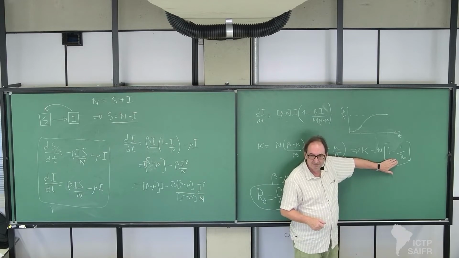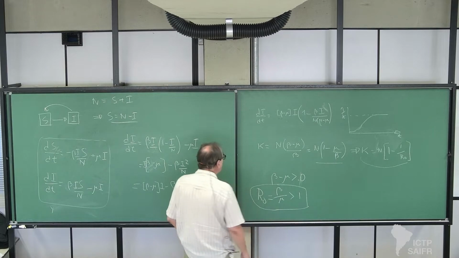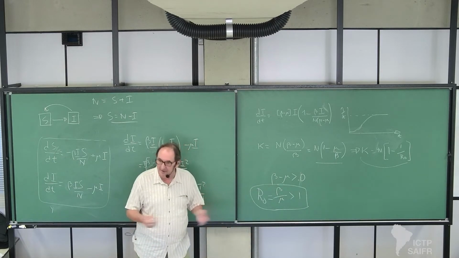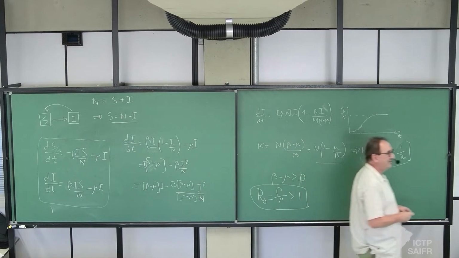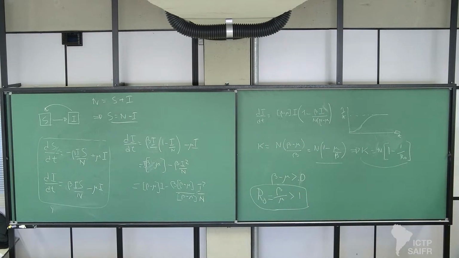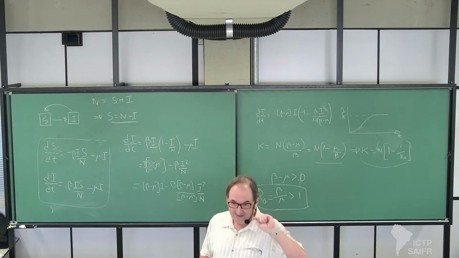Okay. Now, pay attention to one thing, which will be true in other models also, that people usually want to know R0 because R0 determines the initial growth.